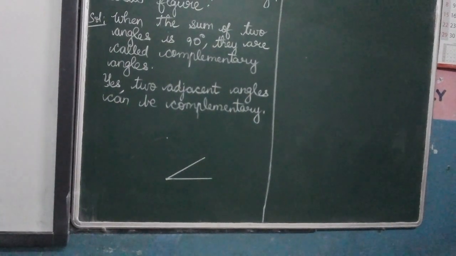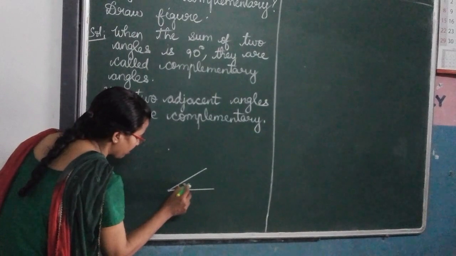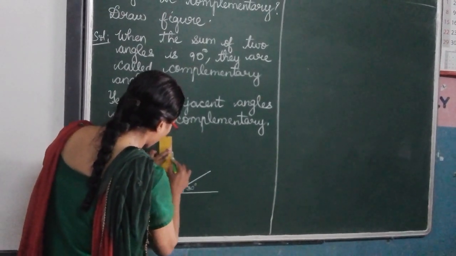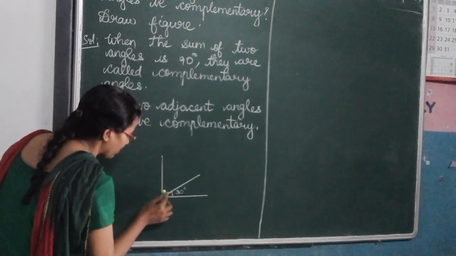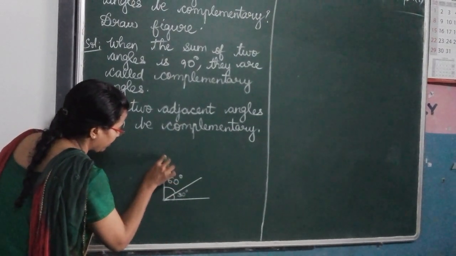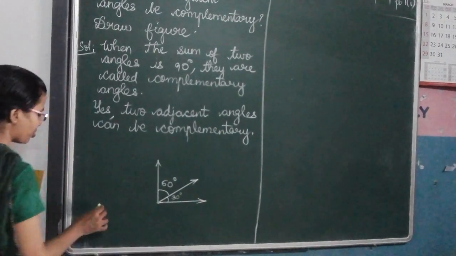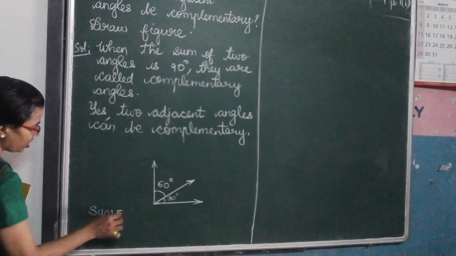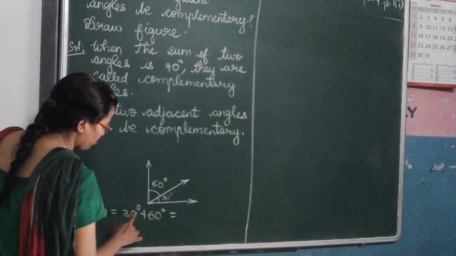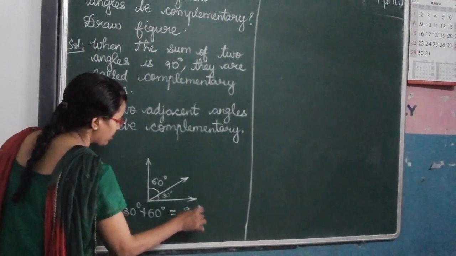I am taking a combination of 30 degrees. Here I forgot to write. Let us write 30 degrees. Now 60 degrees we have taken. Now draw a straight line. This is 60 degrees. Then 30 plus 60 is how much? Sum is equal to 30 degrees plus 60 degrees, which is 0 plus 0 is 0, 6 plus 3 is 9, so it's 90 degrees.